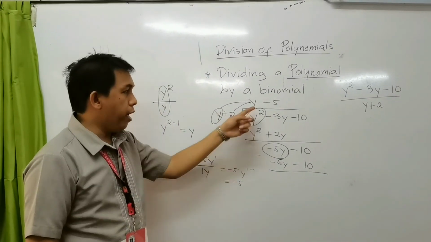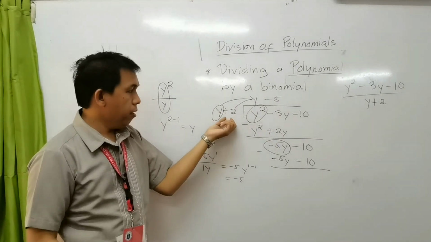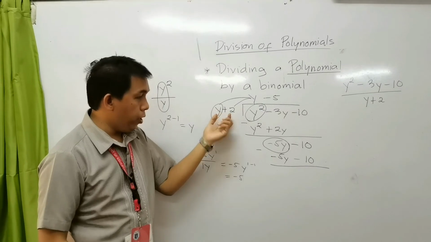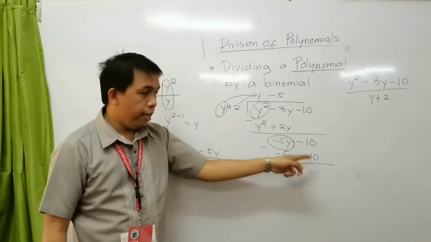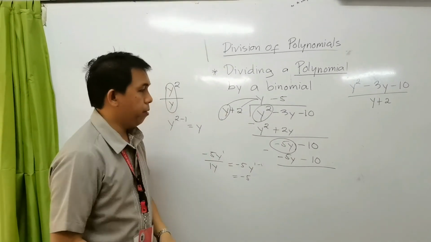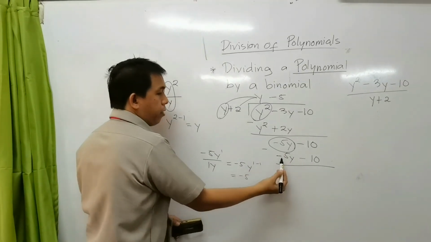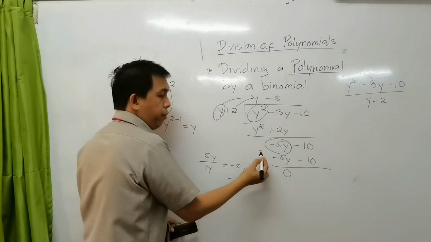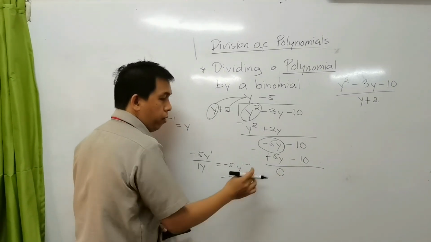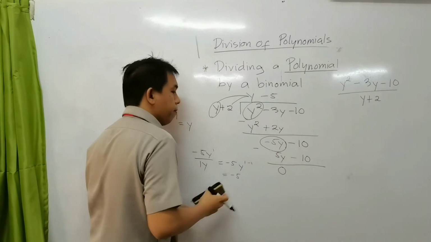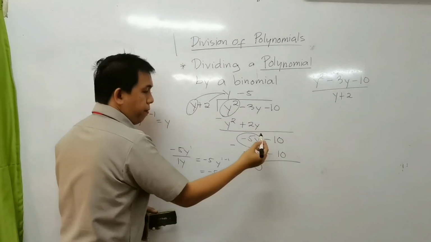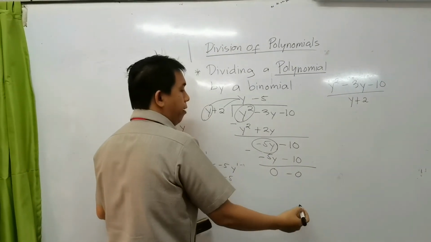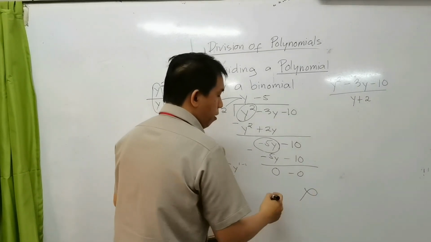After you write the answer of this distribution, subtract the terms. Negative 5y minus negative 5y is 0. You can cancel because negative and negative will turn to positive. Then negative 10 minus negative 10 is also 0. 0 minus 0 is equal to 0.